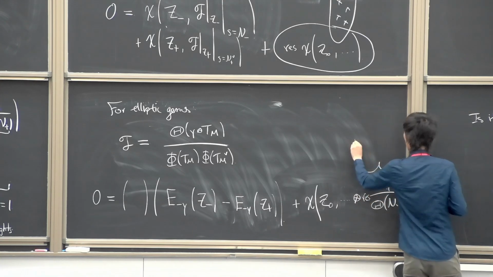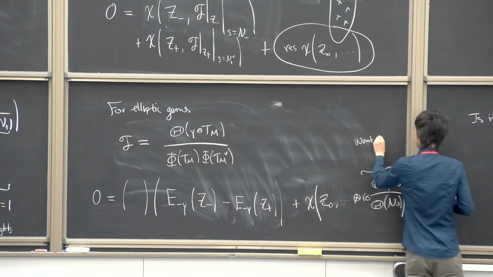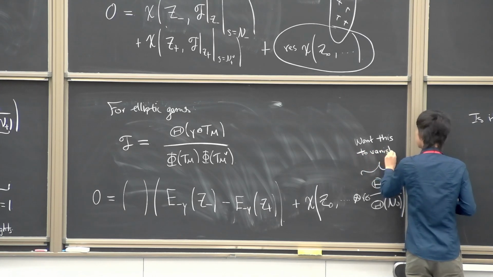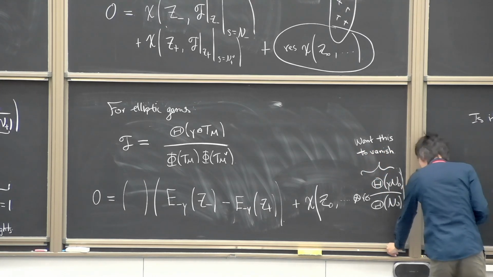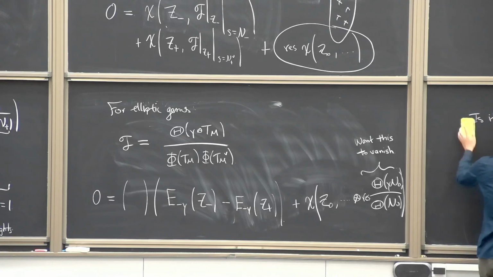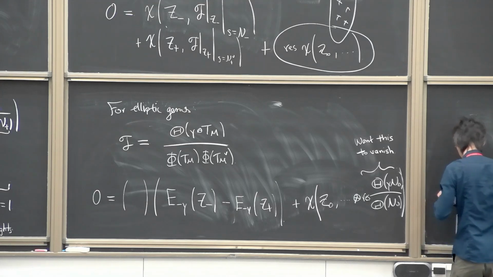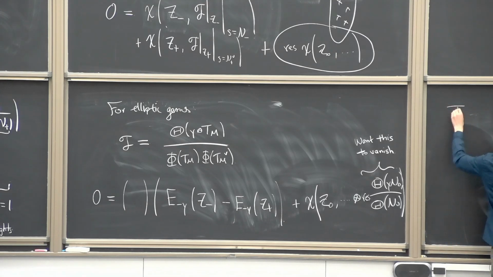So we want this to vanish. And in fact, there's a very simple way to make it vanish. Maybe I'll state this as a theorem, even though it's not really some very complicated result.